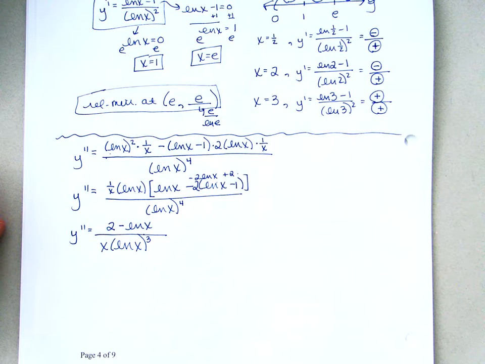I would like you to set the numerator and denominator equal to 0 and then stop after that. Again, we'll do the plugging in together. Set 2 minus ln x equal to 0.